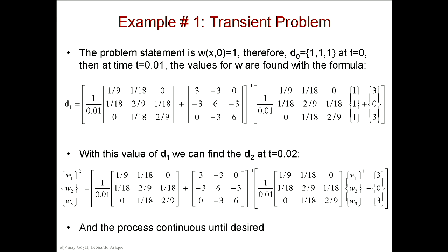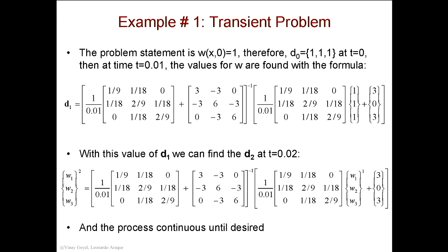Once I'm done multiplying all of that, I'll plug it in here now. And then at time equals 0.02, with a time step of 0.01, I'll get the new value of W's. So now I know the value of W at time equals 0.02.